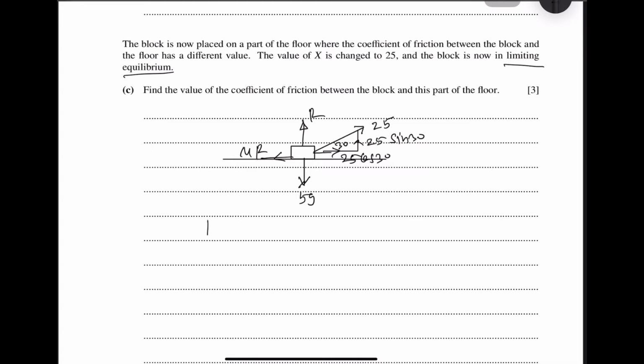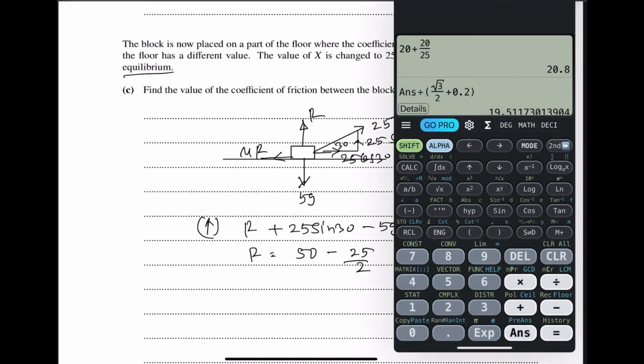Now resolving in the upward direction: R plus 25 sin 30 minus 5g, acceleration is 0. So R equals 50 minus 25 by 2, which is 37.5.